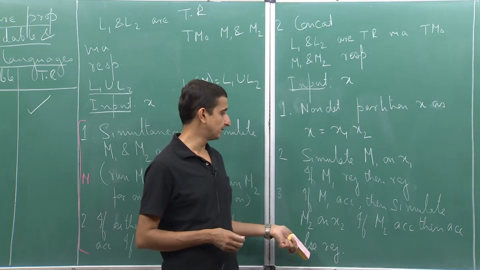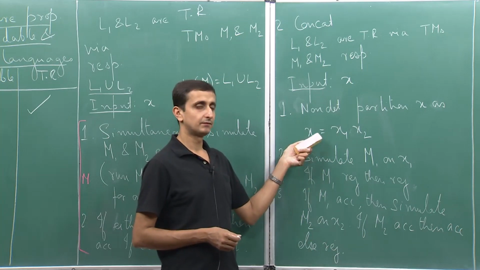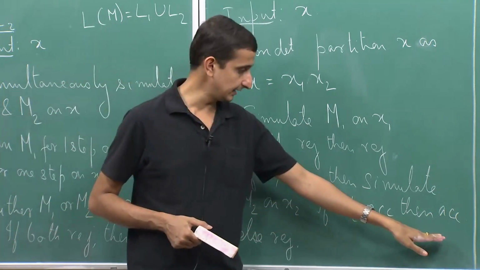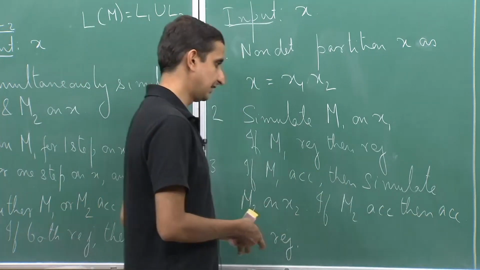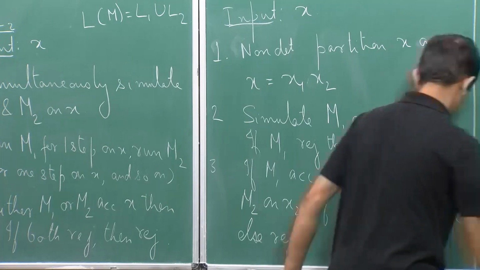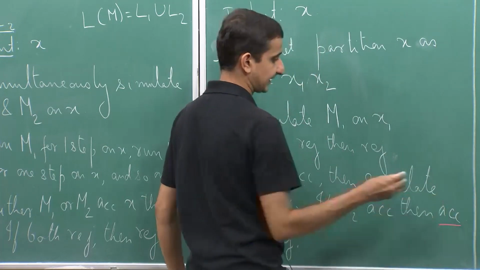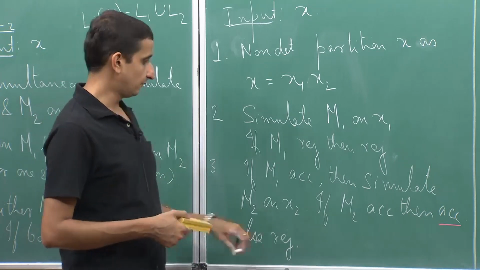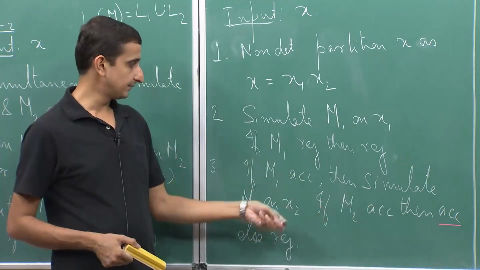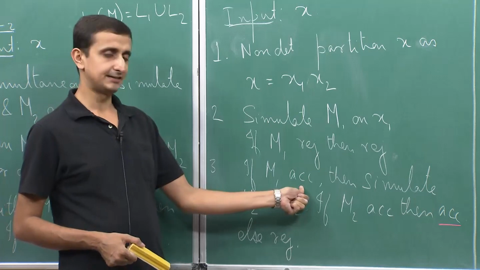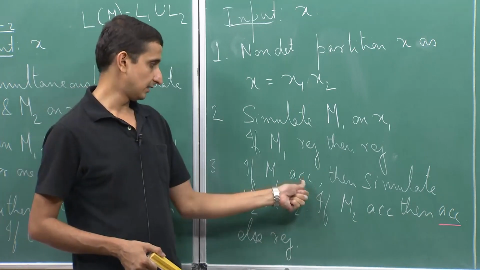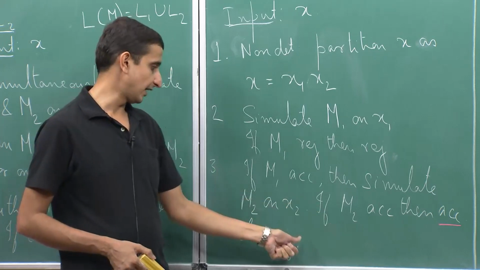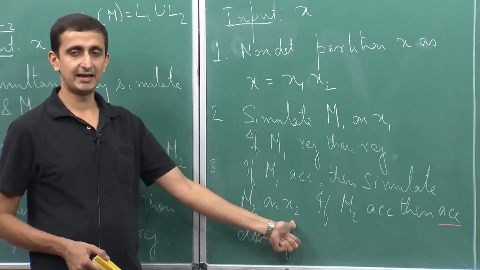When does this algorithm accept x? Observe that this algorithm will accept x only in this step, no other place is it accepting. It accepts if M1 accepts the string x1, and secondly if M2 accepts the string x2.